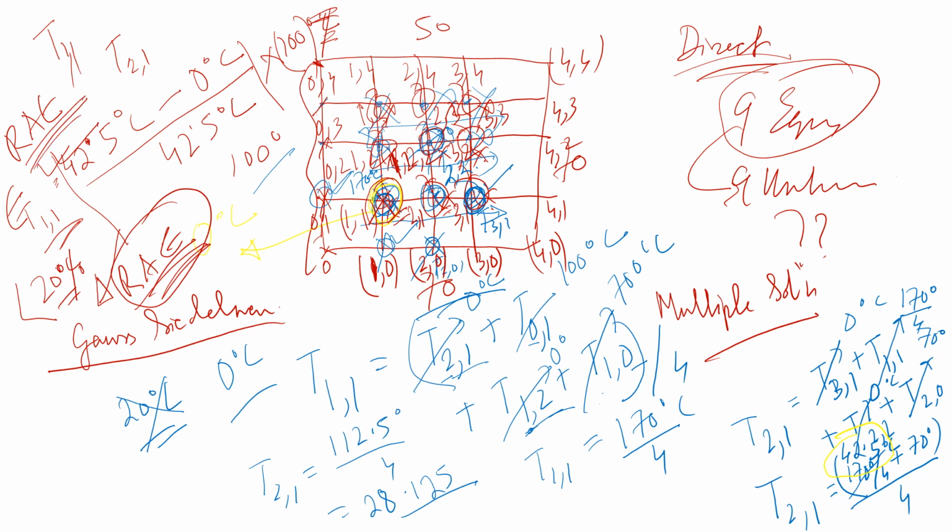The formula of this relative absolute error is T present minus T previous, divided by T present. T present means at the beginning of the iteration, what is the temperature that you know? And T previous means what was the temperature at the previous iteration.